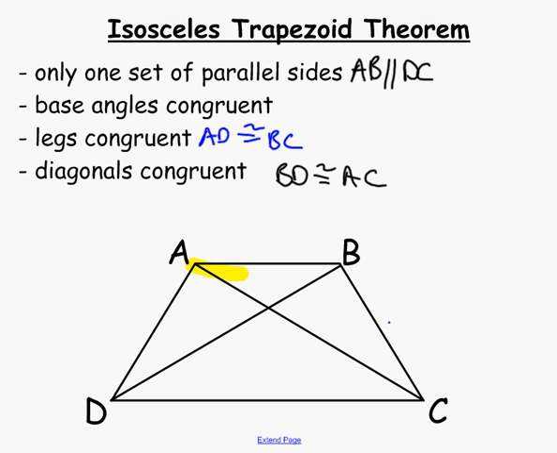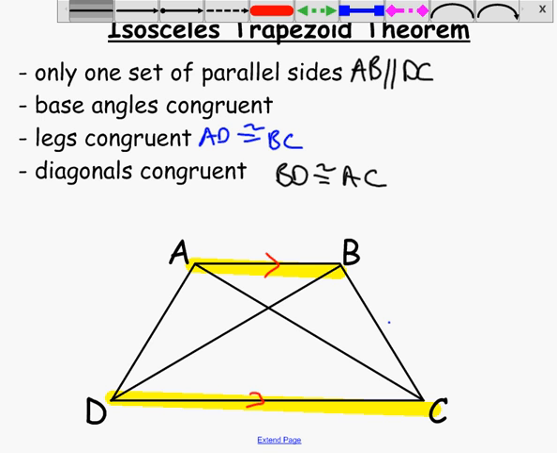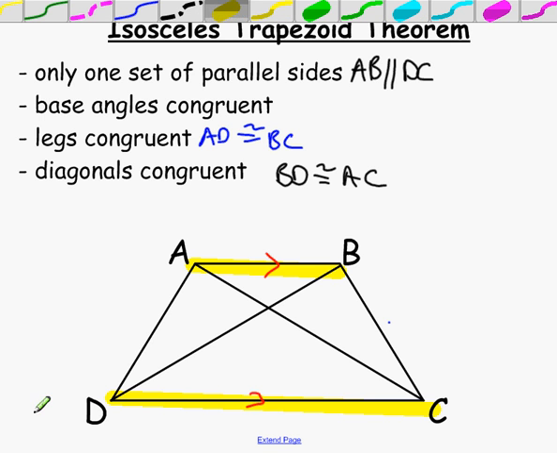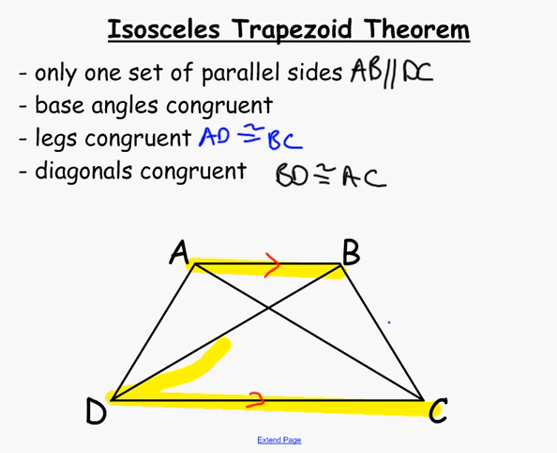So we have line AB parallel to line DC. These are parallel to each other, as we said earlier. And then we have this diagonal. Well, we've got two diagonals, but I'm going to highlight diagonal BD.